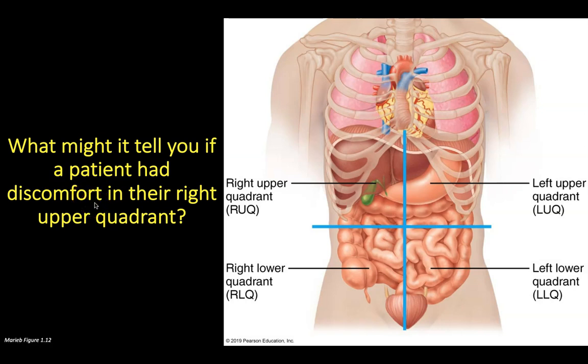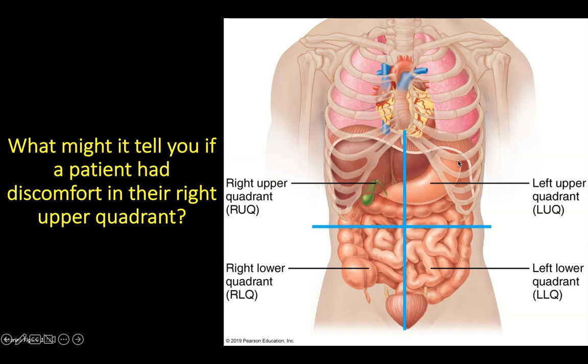Now, likely the person is just going to point, but hopefully you'll be able to recognize that that is the right upper quadrant. Based on what you can see in this image, what would you guess is going wrong? The two big things I see are most of the liver is in the right upper quadrant and this gallbladder. And it turns out most of the time when people experience pain in the right upper quadrant, it's gallbladder pain, so gallstones.